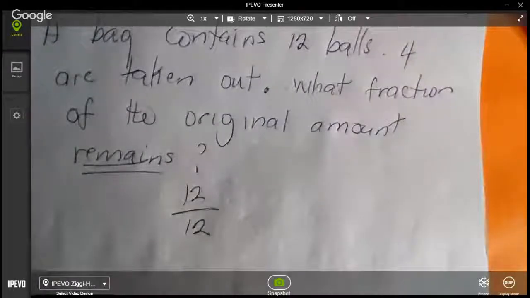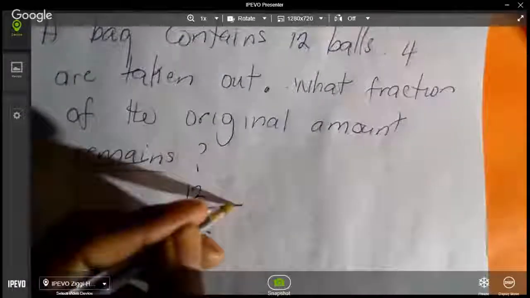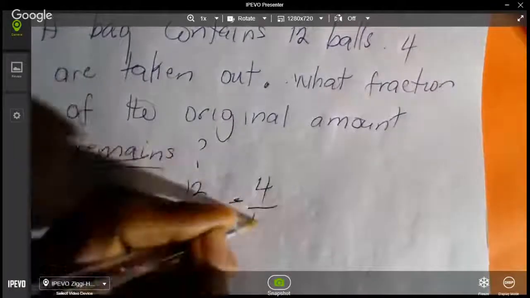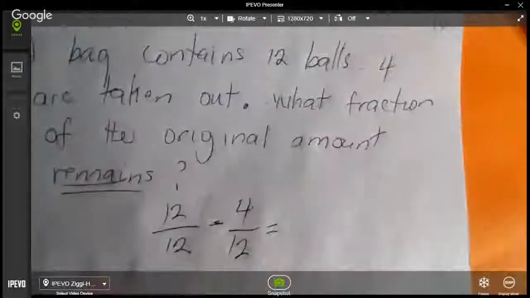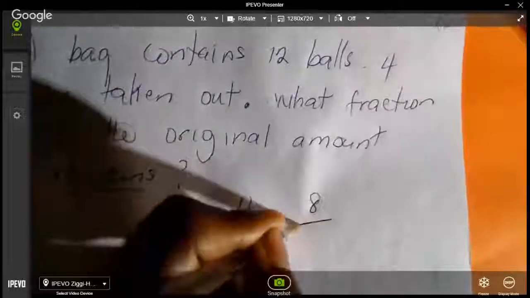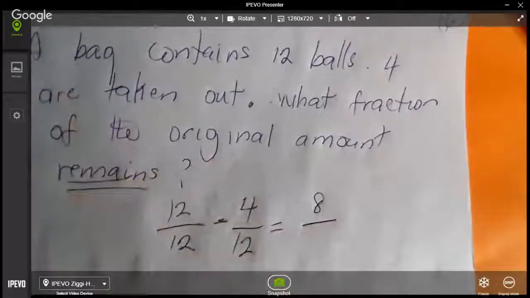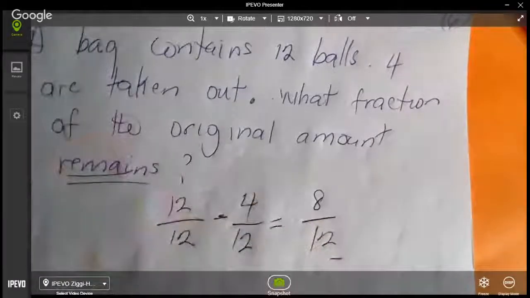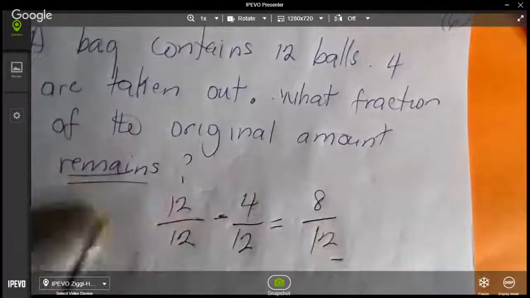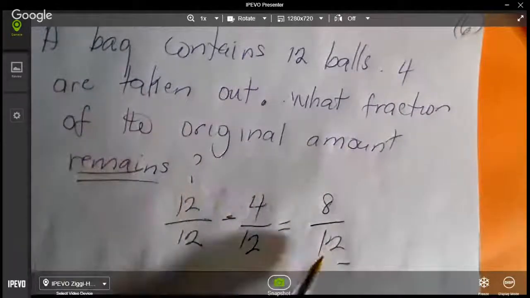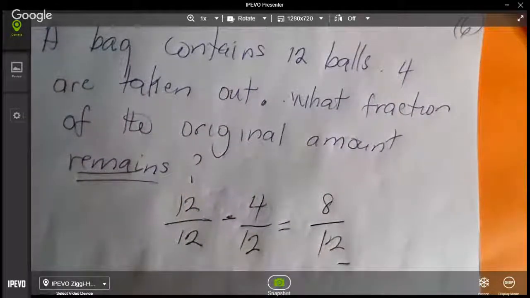Yes, good. So if I take out 4 out of the 12, what remains? 8. 8 what? 8 over 12. Oh, 8 twelfths. So what fraction of the original amount remains? 8 twelfths.